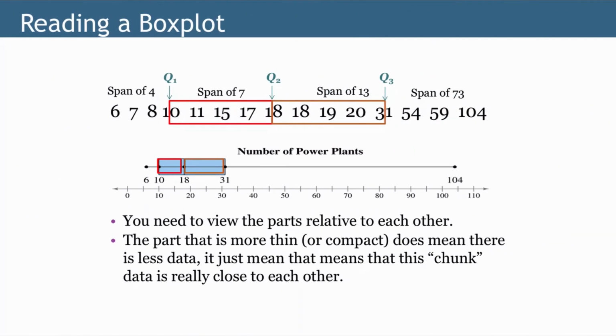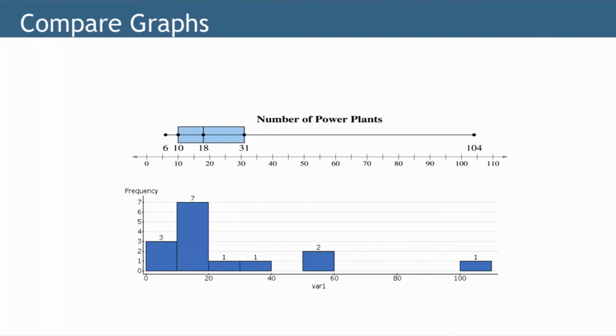And if I go to this slide, then I can definitely see how everything matches up. The box part is representing this chunk of the data, right? And then here are the two whiskers, right? So that's essentially what's happening. All right, and it's another way of gauging and showing spread.